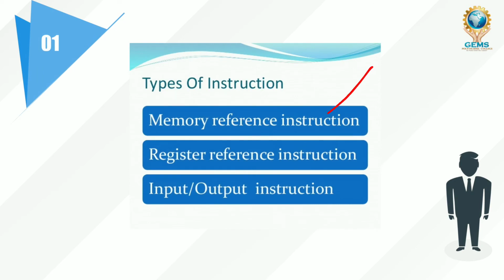We will see what a memory reference instruction is. The second one is the register reference instruction. And the third one is the input output instruction. So these are the 3 kinds of instructions that you are using in instruction formats.